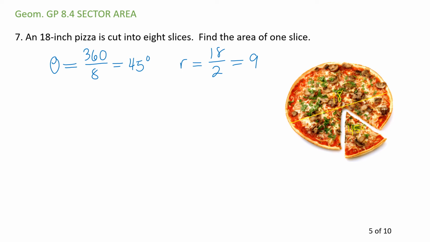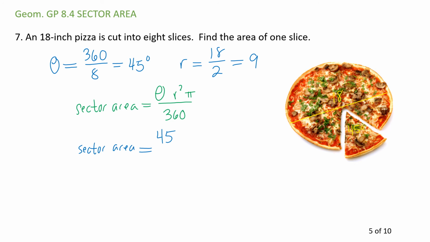So here's the formula. Sector area is equal to central angle times radius squared pi. That's the area of a circle. Here we go. Sector area is equal to central angle, which I found was 45. The radius I found was 9.